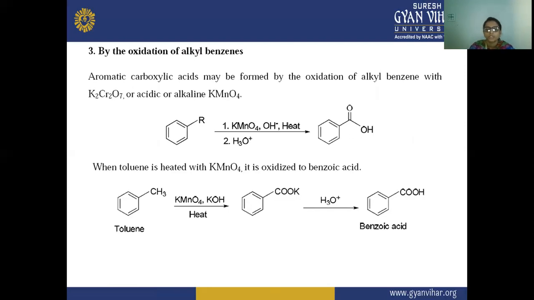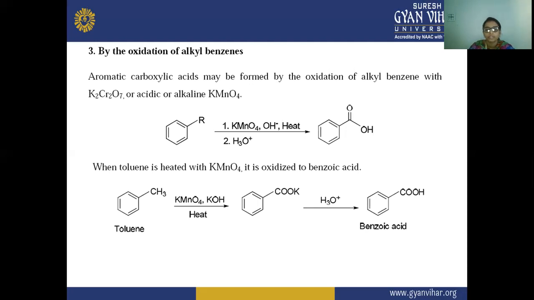Next is the oxidation of alkyl benzene. Here oxidation of alkyl benzene is occurring. Aromatic carboxylic acids may be formed by the oxidation of alkyl benzene with K2Cr2O7 or acidic or alkaline KMnO4. So here this is your alkyl benzene.